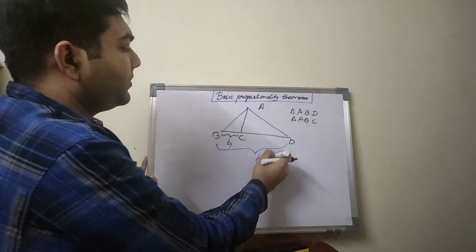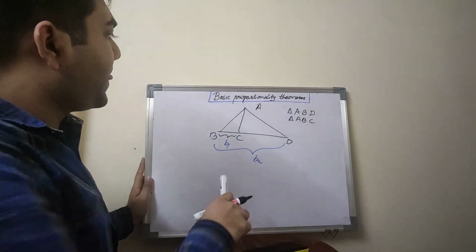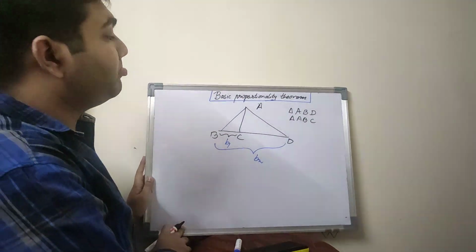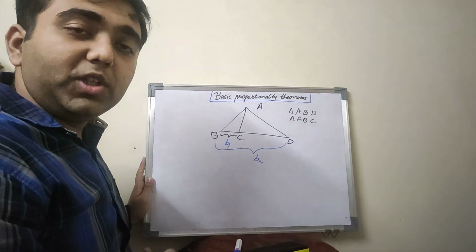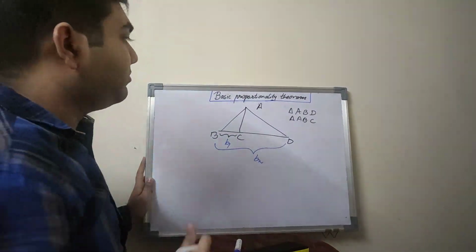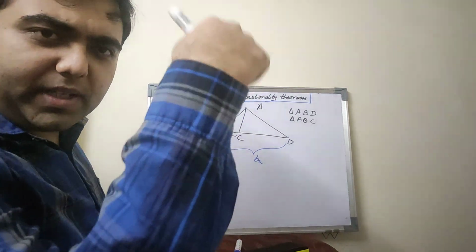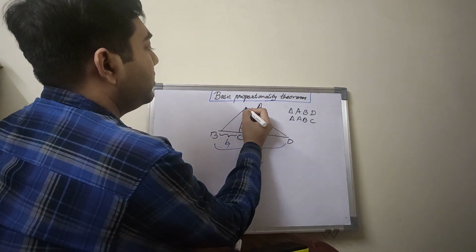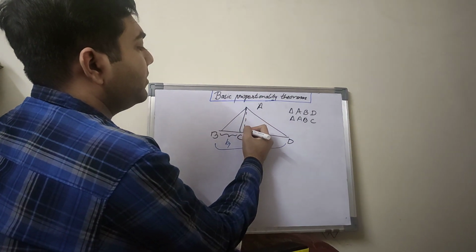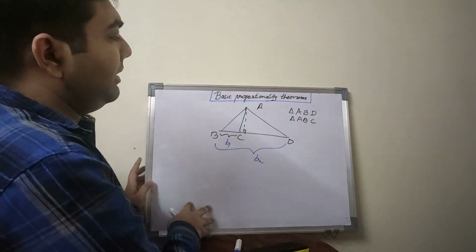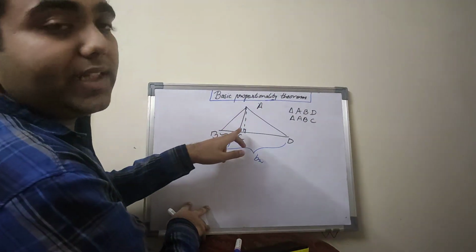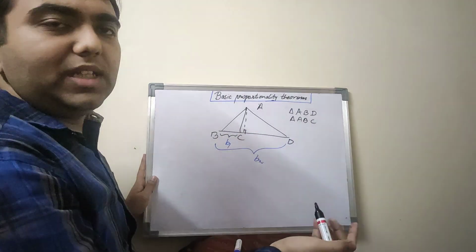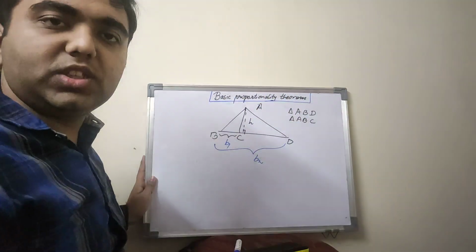Let's say the length of BD is B2. Now look very carefully. These two triangles are very special because their height is common. If I just construct the perpendicular, that is the height, what will it look like? Something like this. This height will be common for triangle ABC and ABD. Let's just name it H.